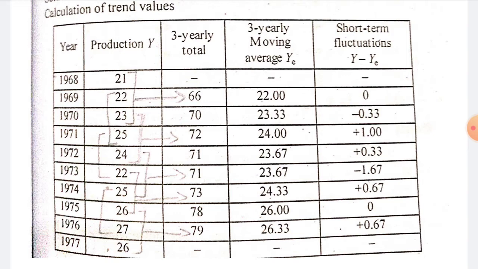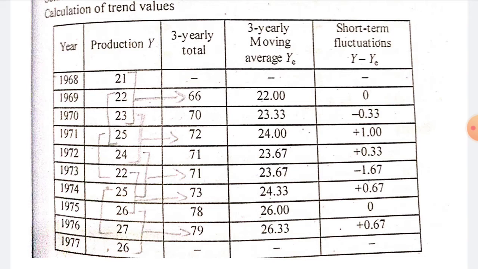So 22 minus 22 is 0. 23 minus 23.33 is minus 0.33. 25 minus 24 is 1. 24 minus 23.67 is 0.33. 22 minus 23.67 is minus 1.67. 25 minus 24.33 is 0.67. 26 minus 26 is 0. 27 minus 26.33 is 0.67.